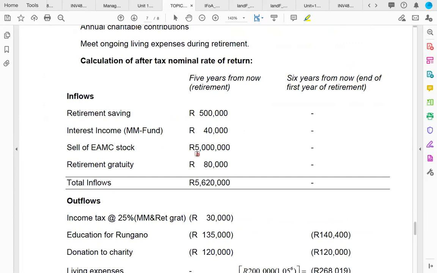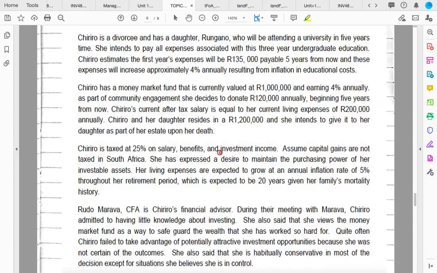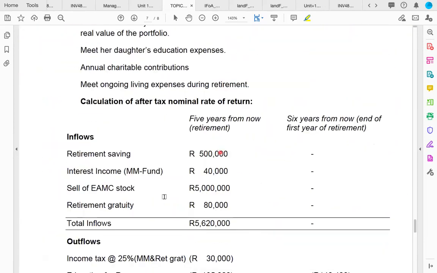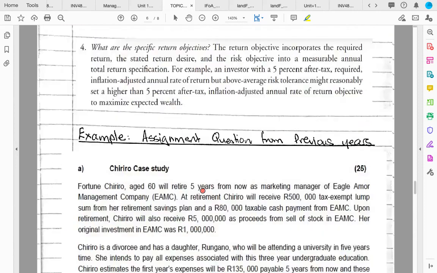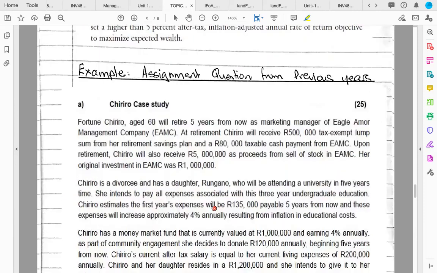And then she's going to sell some of her shares. 4% of 1 million gives us 40,000. And then she's also going to sell some of her shares, giving us 5 million. We've been told she's going to sell some of her shares, 5 million, when she retires in 5 years' time.